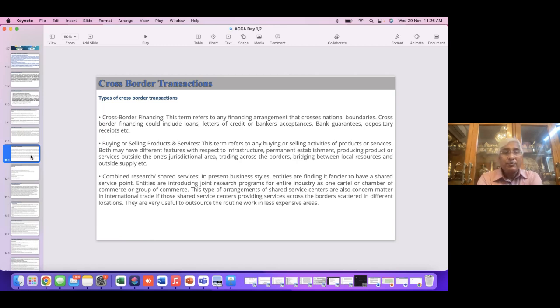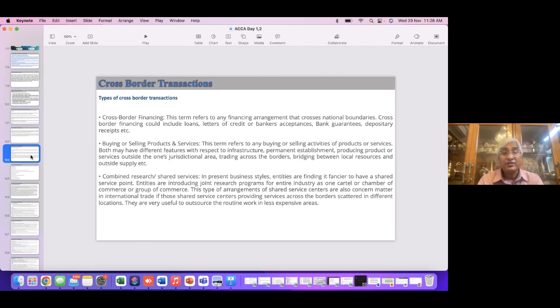Buying or selling products or services is in the general course of business, but if it is buying and selling from one country to another country, then it has to be termed a cross-border transaction. This term refers to any buying or selling activities of products or services.